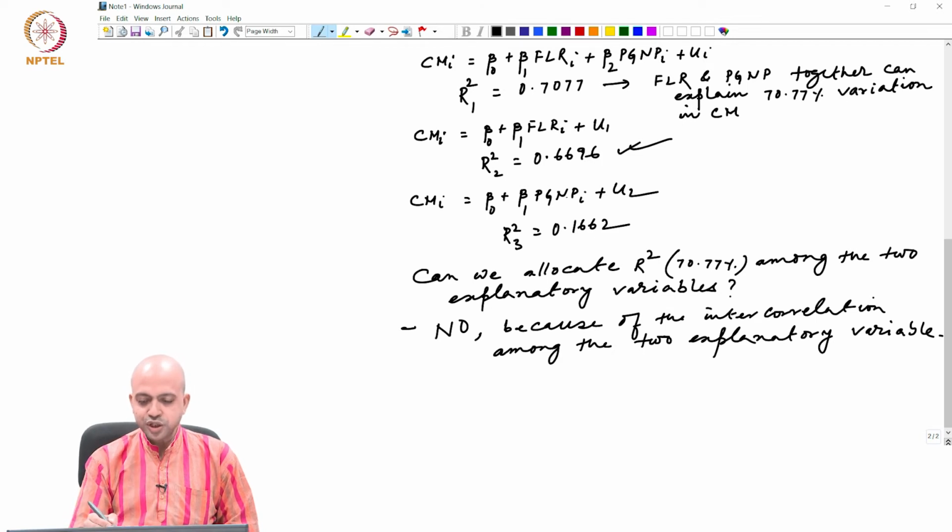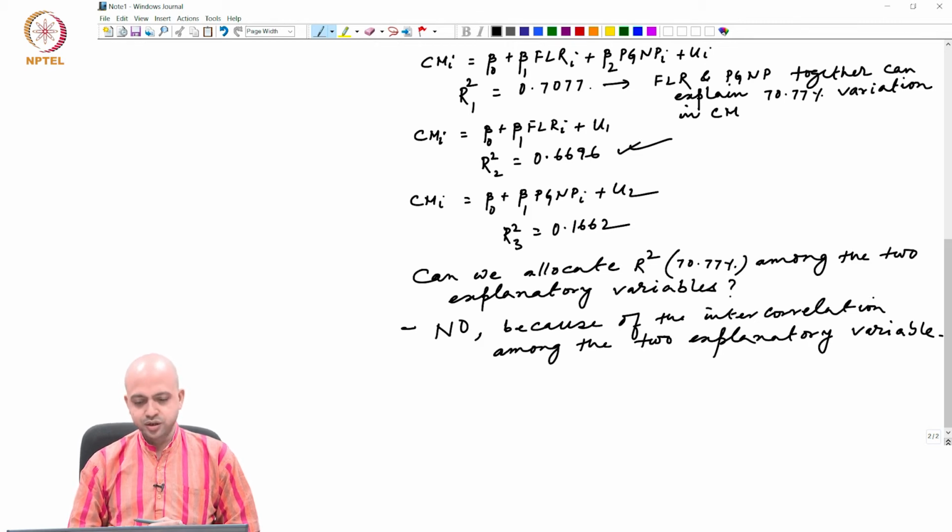If we include PGNP also in the model, then the complete model gives R square equal to 0.7077. So, adding one extra variable is giving additional R square in the model. Similarly, when we have only PGNP in the model, R square is 0.1662. However, when we add FLR in the model, that gives R square equal to 0.7077.